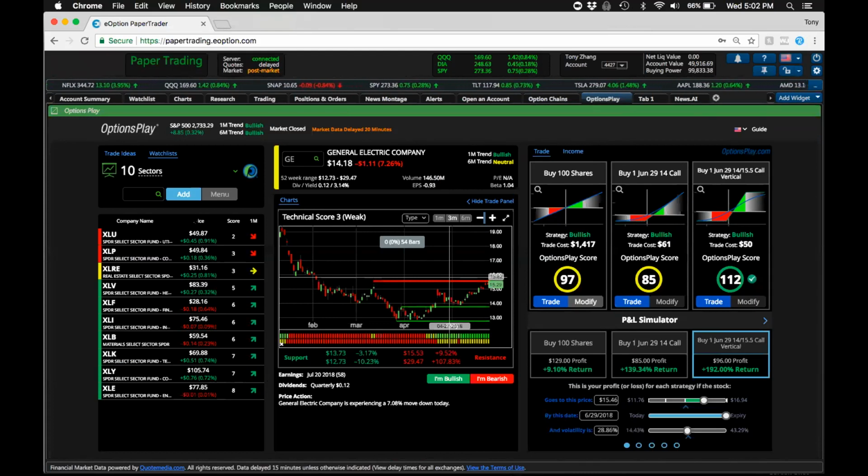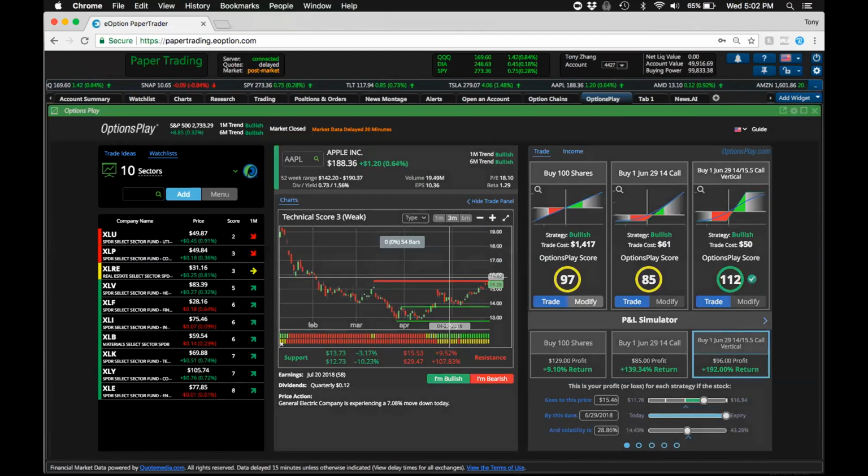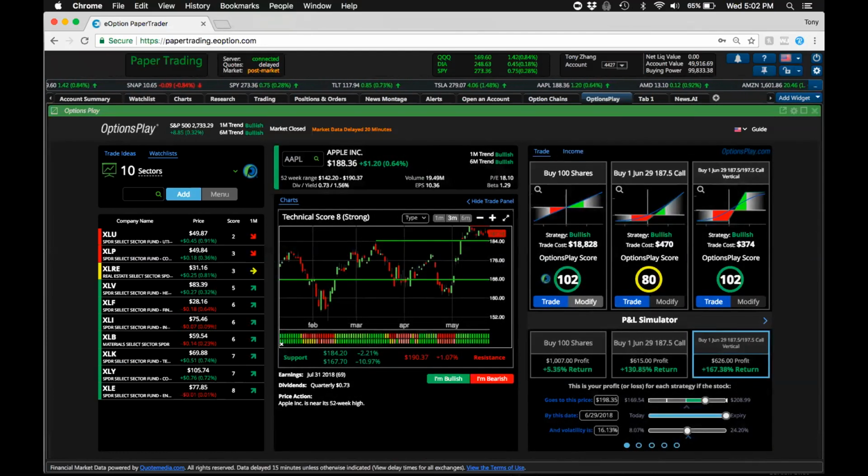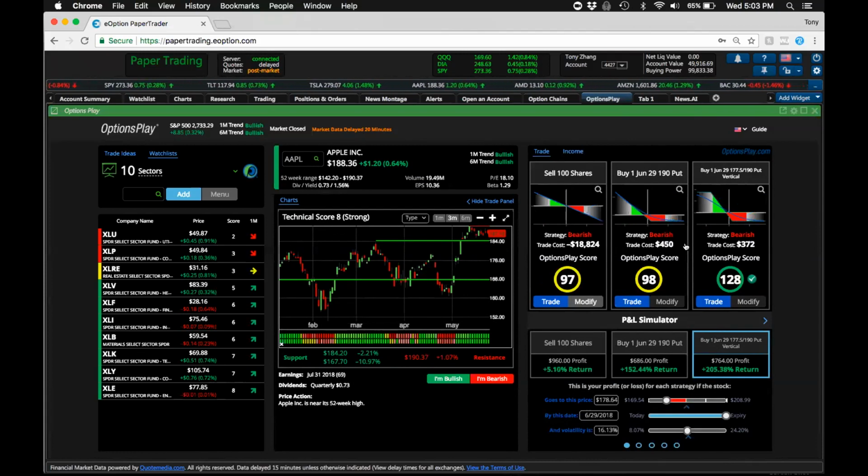Can I buy a put for bearish stocks even if the current trend is bullish? Yeah, absolutely. You can buy a put on anything, right? So let's say you're looking at Apple here. Just because our indicators are bullish and it's a strong stock does not mean that you can't have a bearish view on the stock. If you have a bearish view on Apple, click on I'm bearish and we'll show you which puts you can buy.